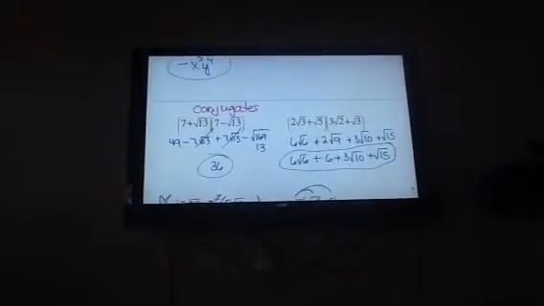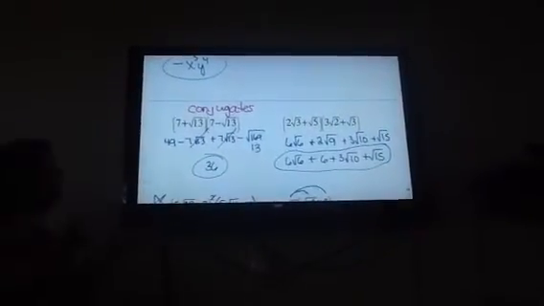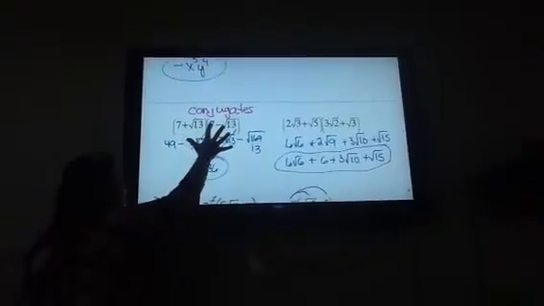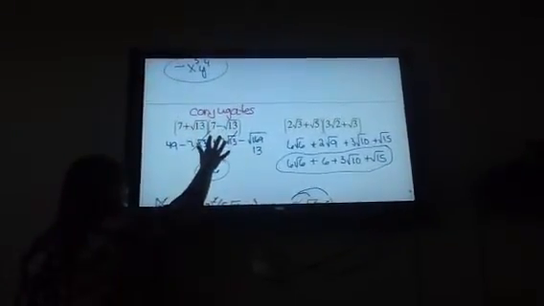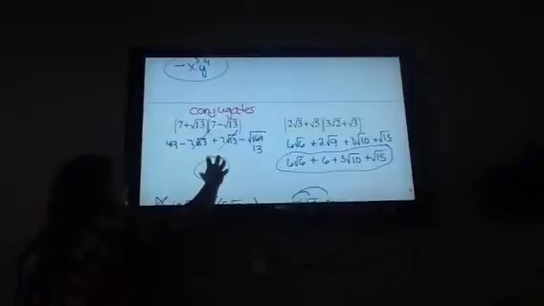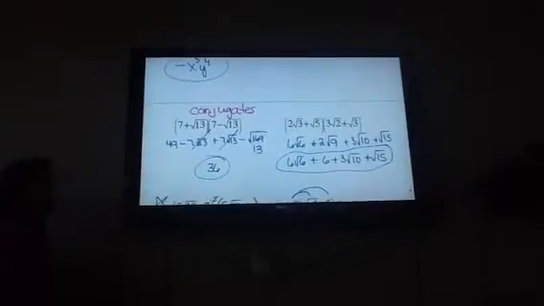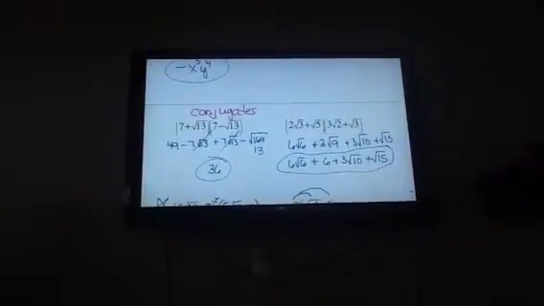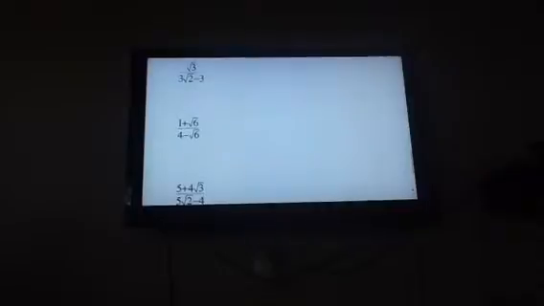So remember what happened on those. When we multiplied something by its conjugate, the outers and inners cancel each other out every time, and it also eliminates the radical term. So when you take something times a conjugate, it gets rid of the radical. So there's where that concept comes in here. I have to get rid of that radical.